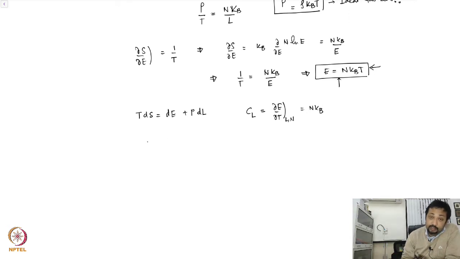The specific heat at constant pressure is going to be T del S del T, which is equal to del E del T at P and n constant plus P del L del T at P and n constant.